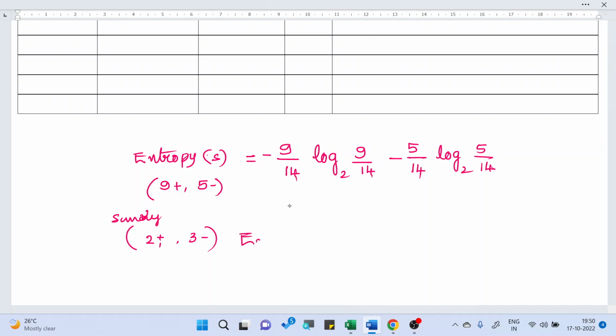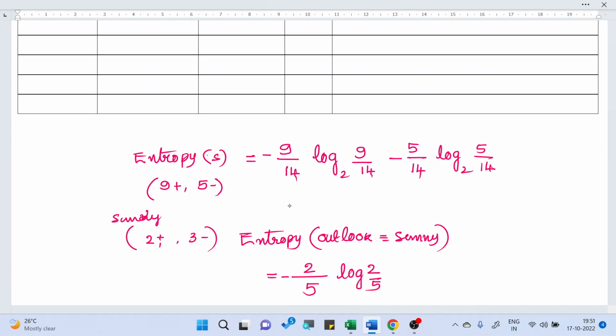Entropy of outlook equal to sunny: there are 5 examples. Out of 5, 2 are positive, so the fraction is 2 by 5 into logarithm of 2 by 5.